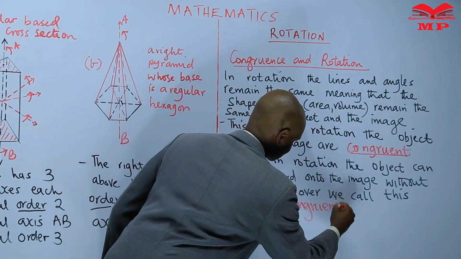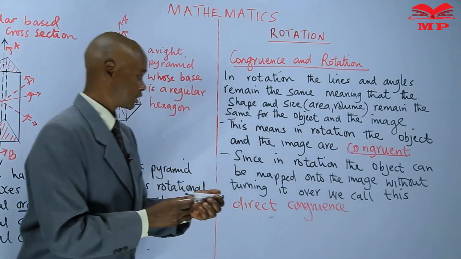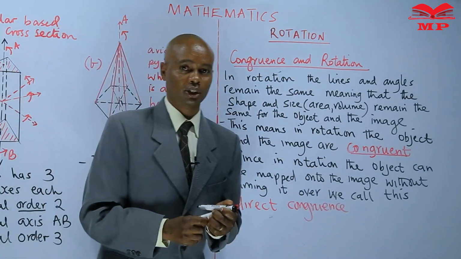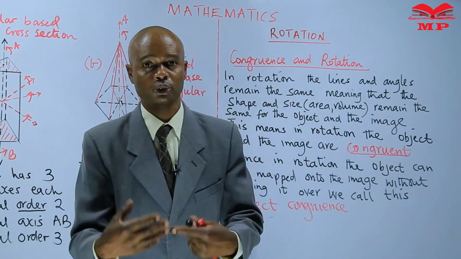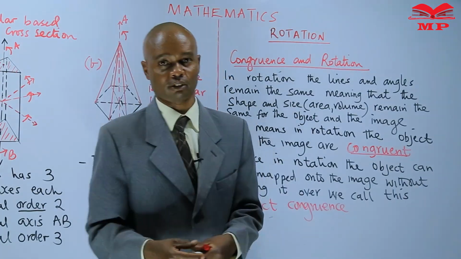You learned this in the previous lessons. We call this direct congruence because you can map the object onto the image without turning it over.